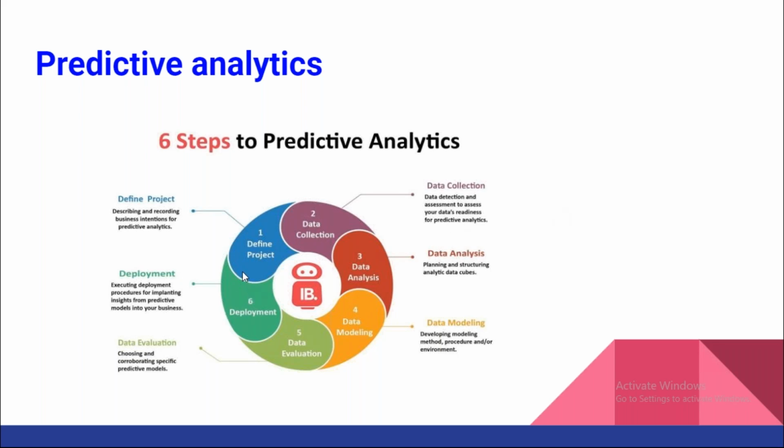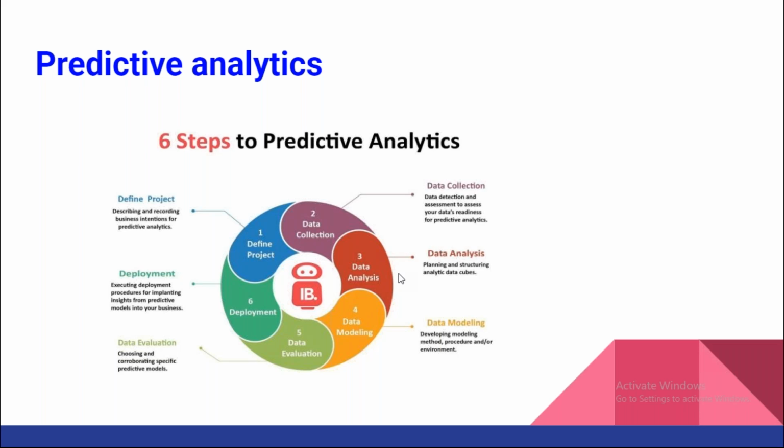First of all, we define a business problem or a project that we want to work on, and then what data is required to solve that particular business problem. We try to collect the data. We go to different resources that are available to me and try to collect the data. Then we do the data analysis, finding out what structure this data follows and what patterns it follows.